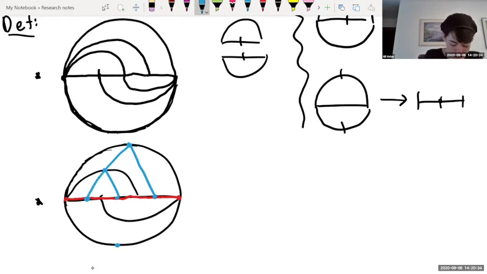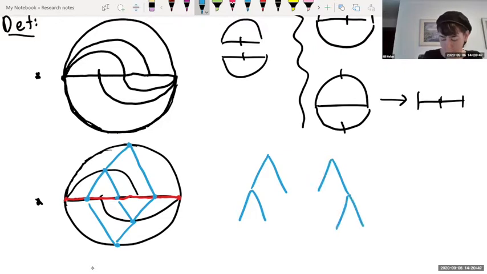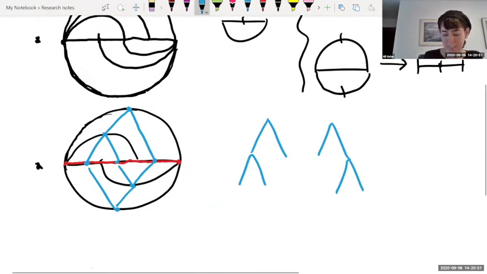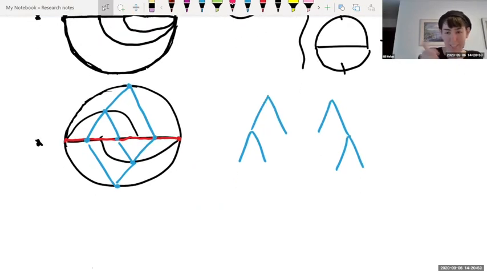And if we do the same at the bottom part of the diagram, we also get a finite binary tree, only drawn upside down, okay? So elements of Thompson group F can just be described as pairs of finite binary trees with the same number of leaves.